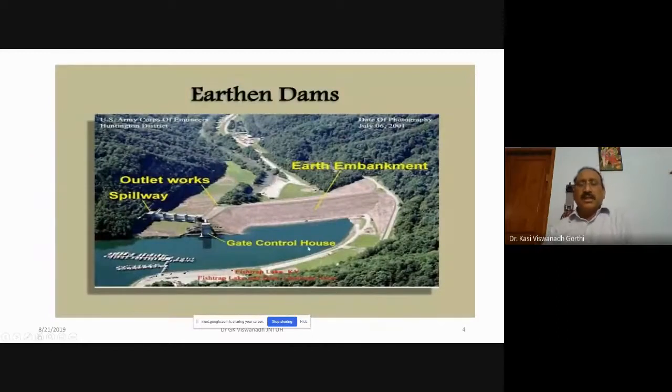So this picture also provides you a typical layout of an earth dam, which is constructed to form a reservoir. This is the earth dam, which is constructed connecting the two banks across a river. Sometimes it is called an embankment, earthen embankment also, but it is an earth dam basically.